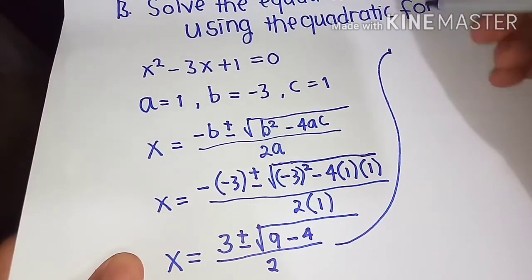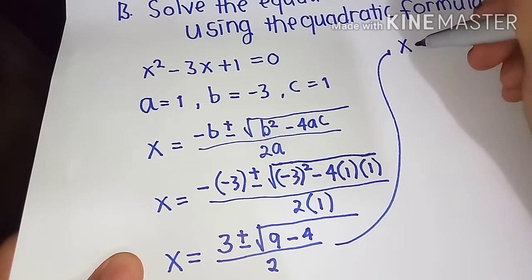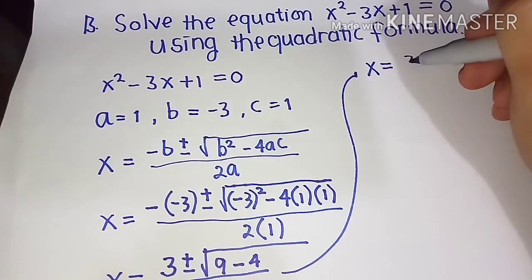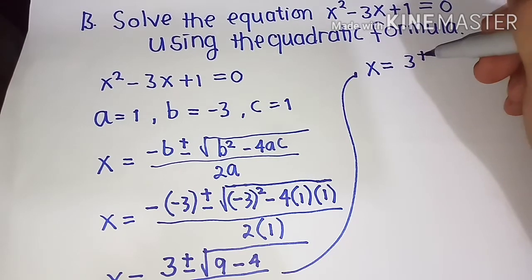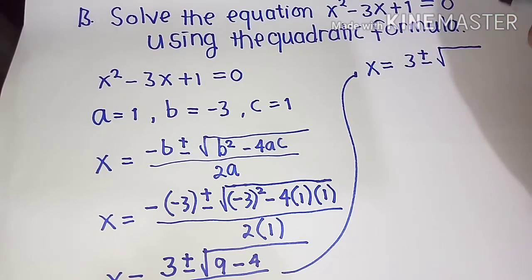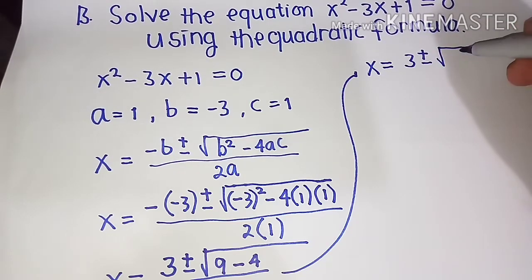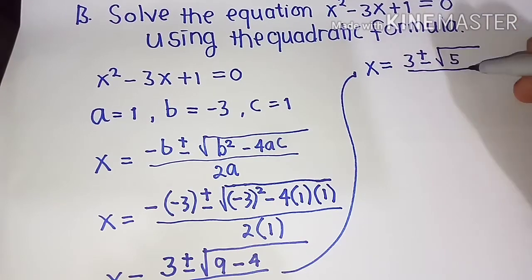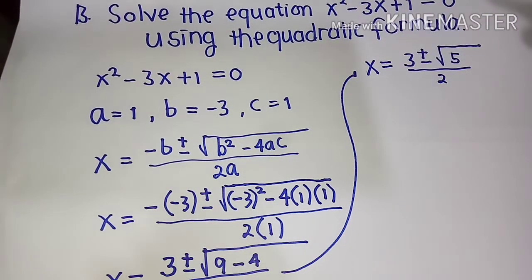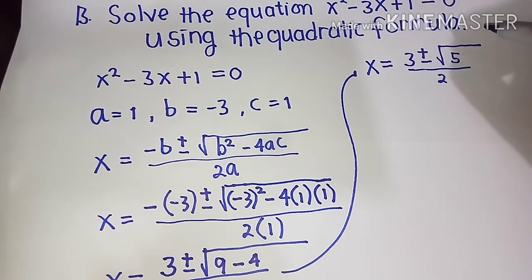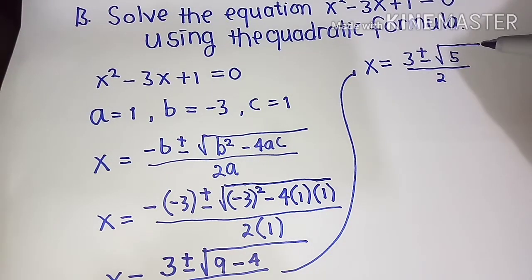Okay, we have here x equals 3 positive negative. Get the difference inside the radical sign. We have here 9 minus 4 equals 5, divided by 2. As we all know, 5 here is not a perfect square, so we're going to write here inside the radical sign still 5.